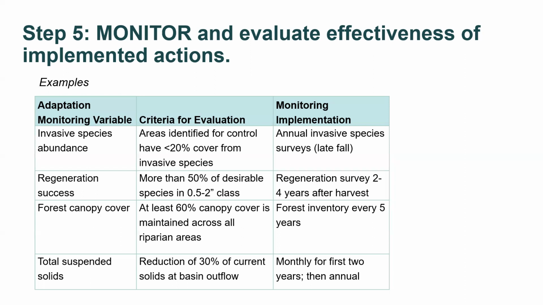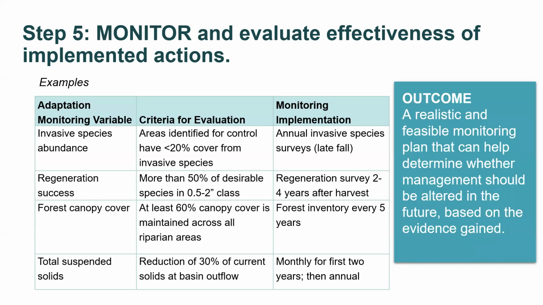And one more example, again from a watery context like riparian areas: a monitoring variable looking at the suspended solid content of surface water, with the criteria being a reduction of TSS below current levels, assessed every month for the first several years, and then every year thereafter.